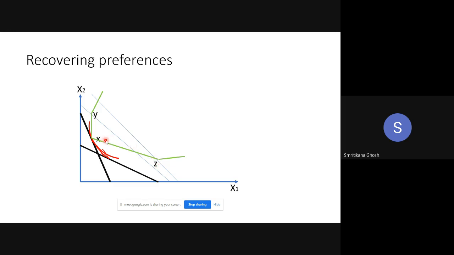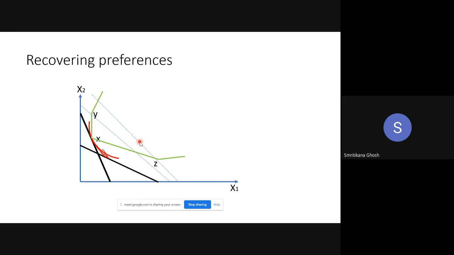Okay, so the indifference curve which goes through x should not go through y and z, because these points are more preferred. But an indifference curve is the combination of points which are equally preferred. You are indifferent between the points. That is why it's an indifference curve.